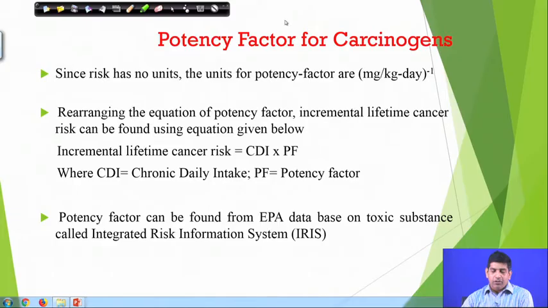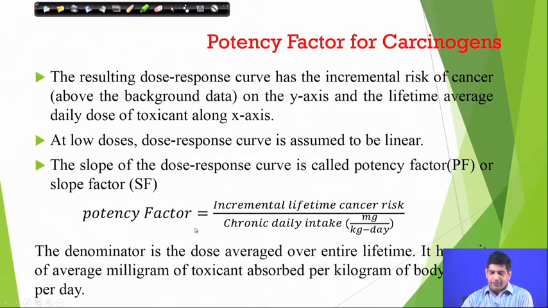Now, we can rearrange that equation and find out the incremental lifetime cancer risk. If you go back to the previous slide, you can see potency factor is the incremental lifetime cancer risk divided by the chronic daily intake, CDI.